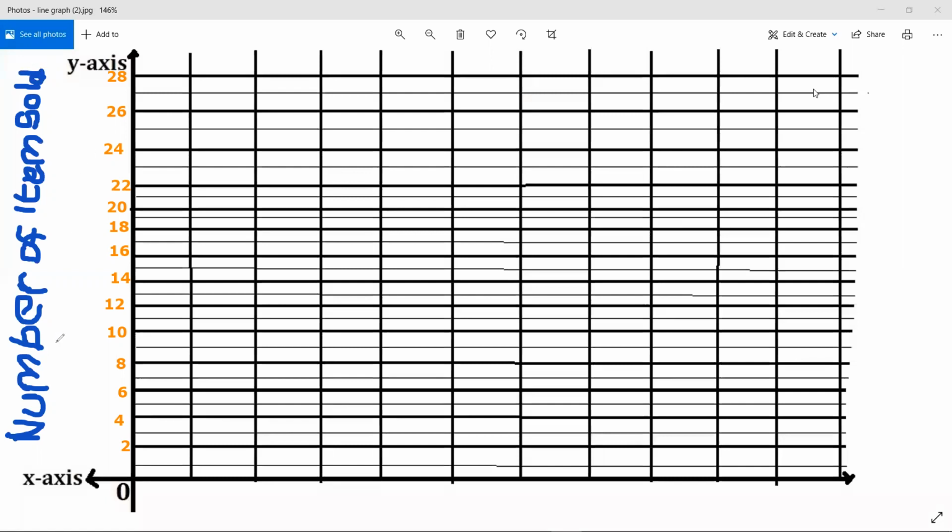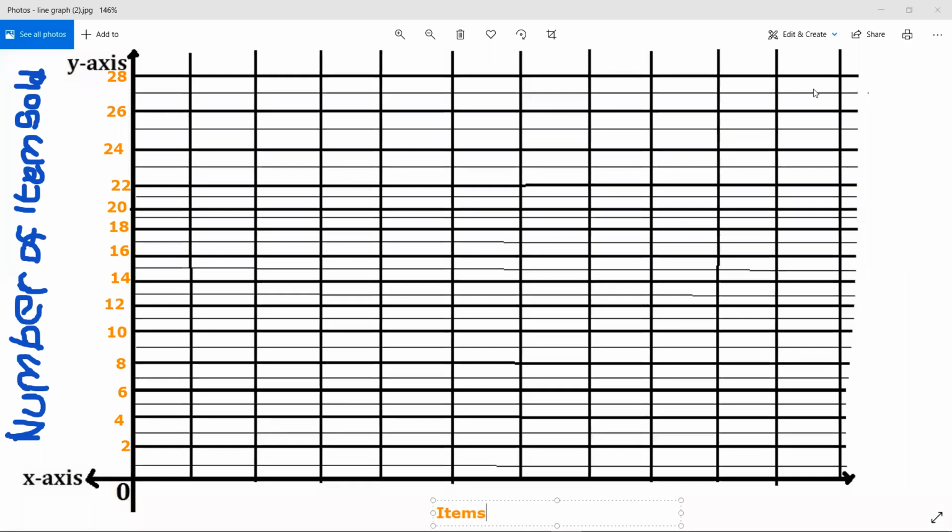The number of items sold, and then here will be the items. So let me write the items here. Here I can use the template. So we have the items here. Good.